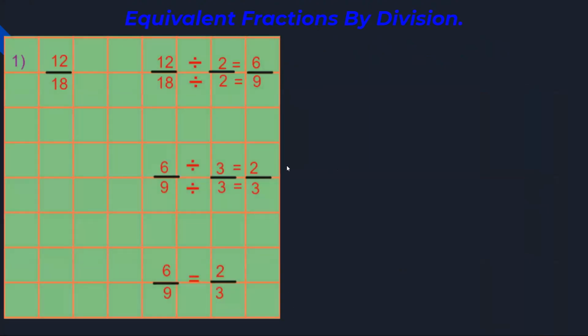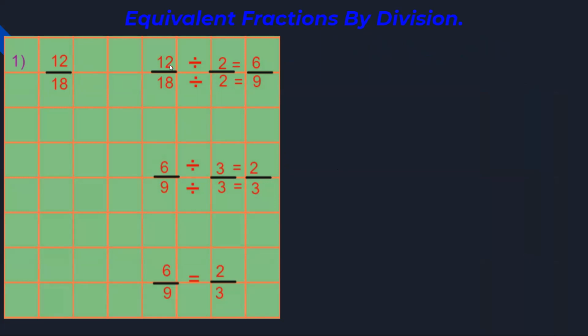So let us start the next one, writing the equivalent fraction by division. Here is the example. The sum is 12 upon 18. First of all, before dividing, we have to see that 12 and 18 both are divisible by the same number.